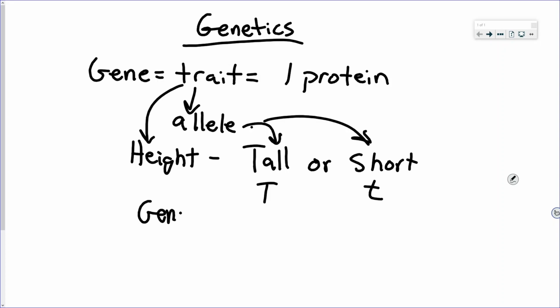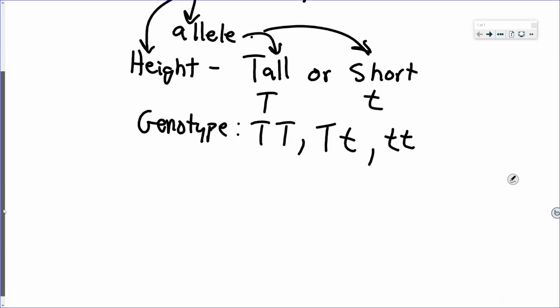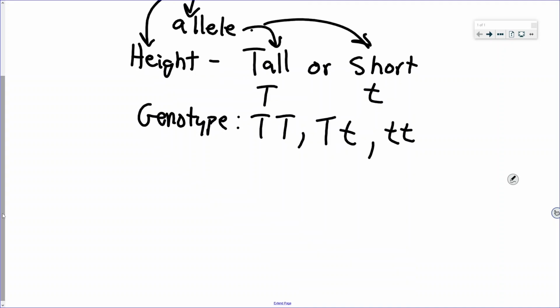A genotype is all of the letters that someone has for the trait. So for height, there are three possible genotypes, which would be capital T, capital T; capital T, lowercase t; or lowercase t, lowercase t. What's important to remember with the genotype is that each individual has two copies of each trait, one that they got from their mom and the other that they got from their dad.